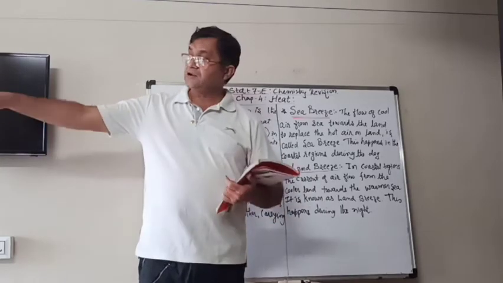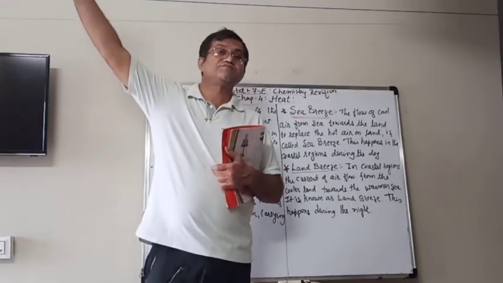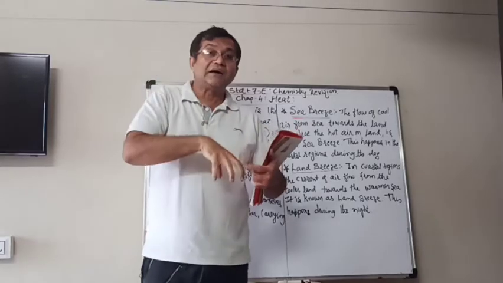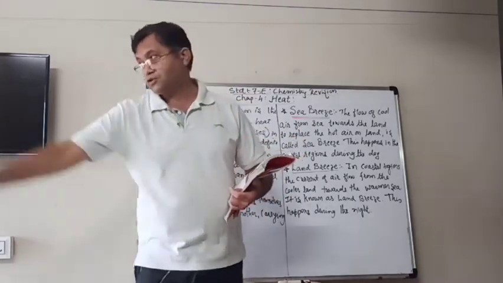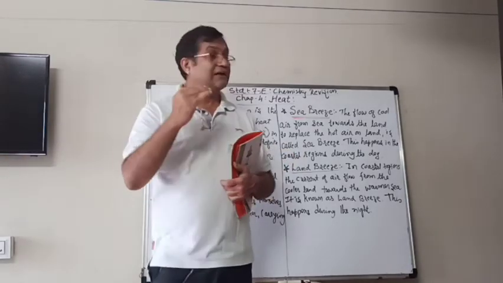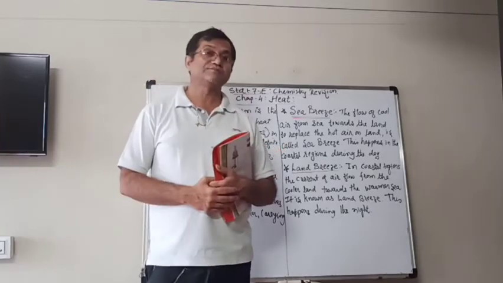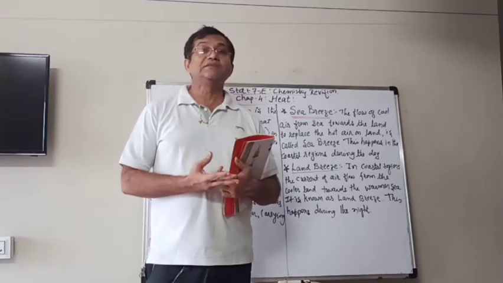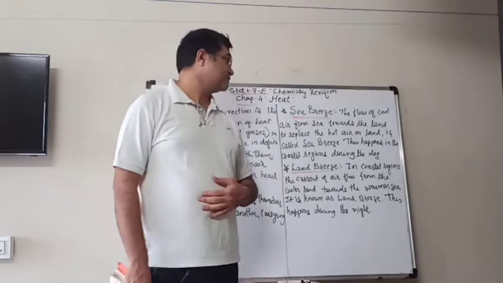So the air on the sea is hot, so it will go up. And then the reverse happens. The cooler air from the land flows toward the sea. And that is known as land breeze, because it is going from land toward the sea during the night time.